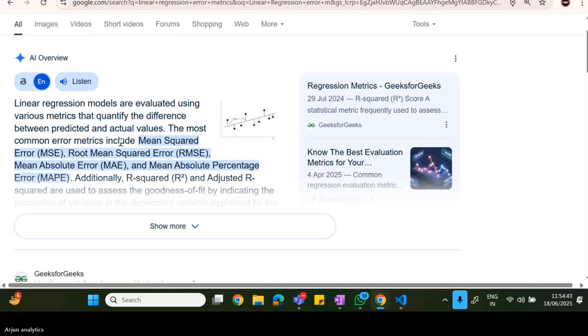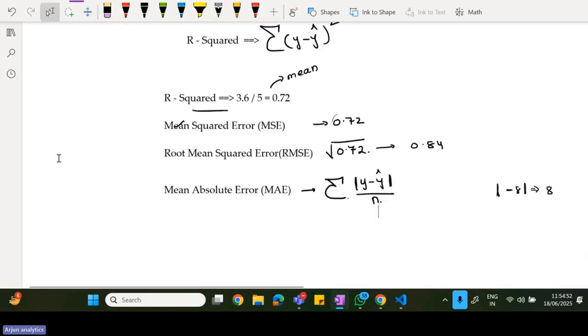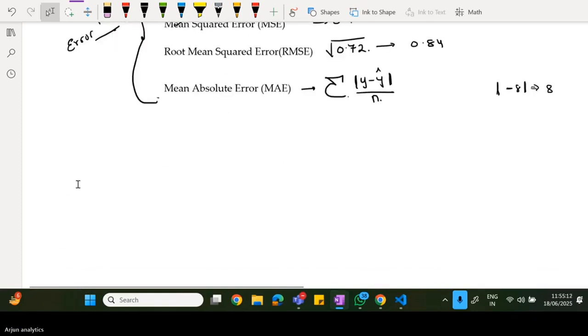So you can see that we have calculated the different error metrics. So what is this error metric first of all? These are the 4 different error metrics we discussed. How to define this error metric? What is error?